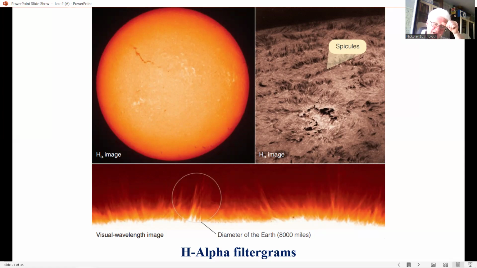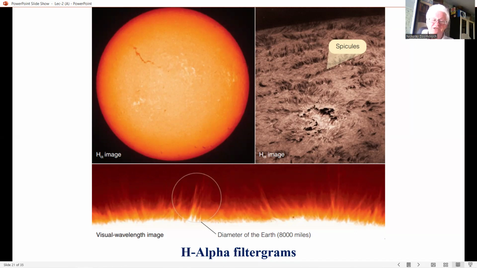Spicules are flame-like jets of gas extending upward into the chromosphere and lasting 5 to 15 minutes. Seen at the limb of the sun's disk, these spicules blend together and look like flames covering a burning prairie, but they are not flames at all.